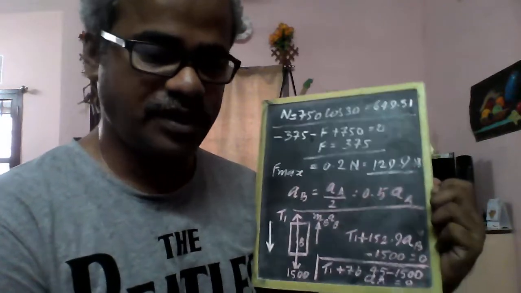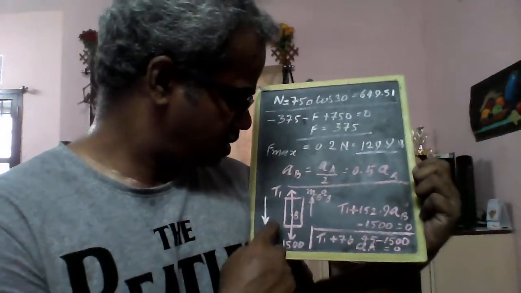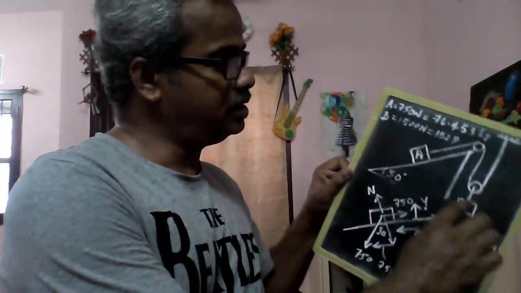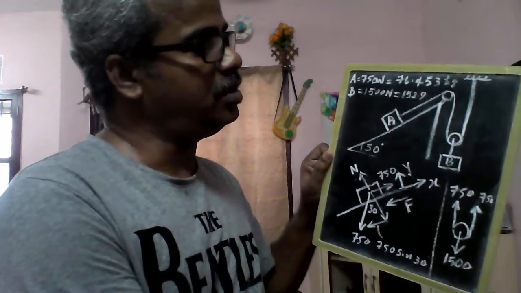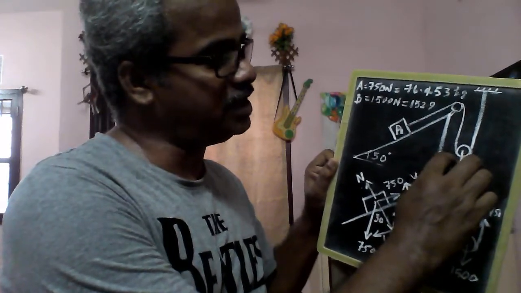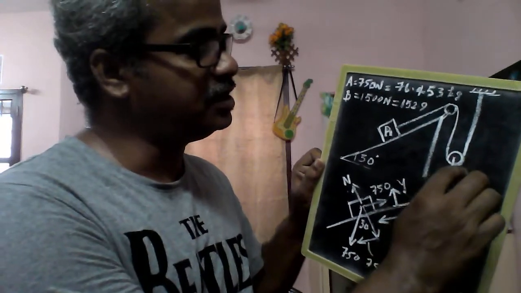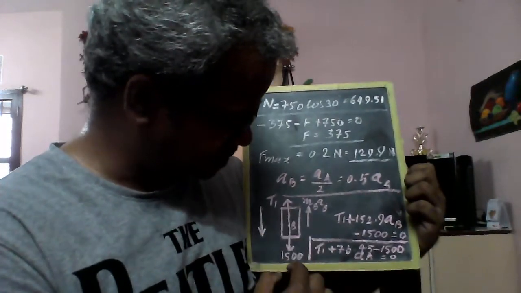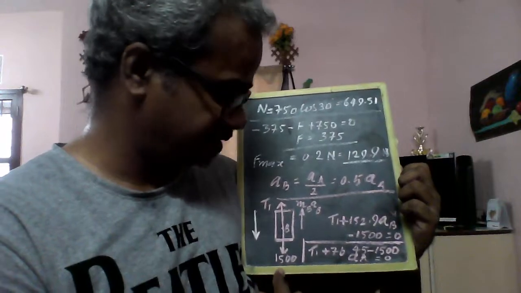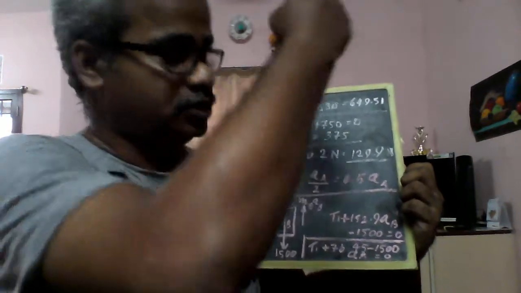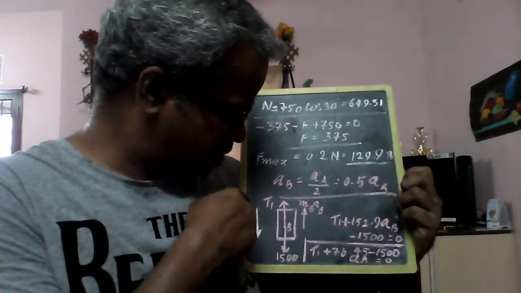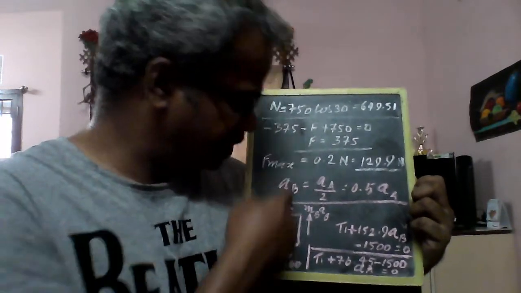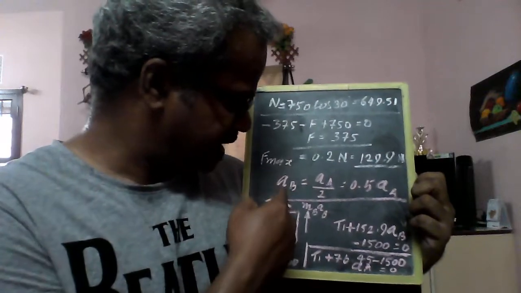That's what we have to find out. Now in the second pulley, body B will be like this. 1500 Newton will be acting, and the movement direction of body B will be downwards, and tension T1 will be acting upward.